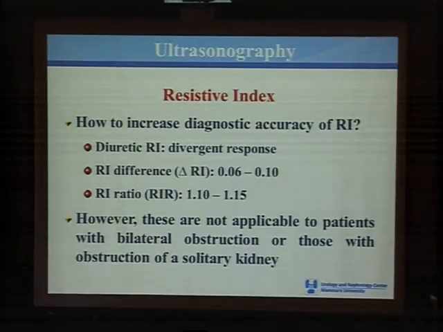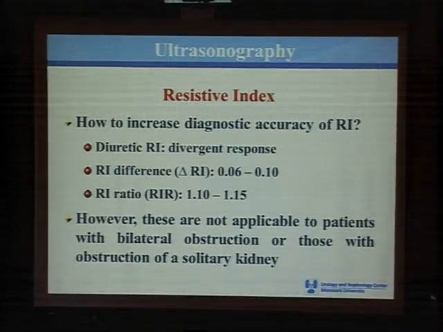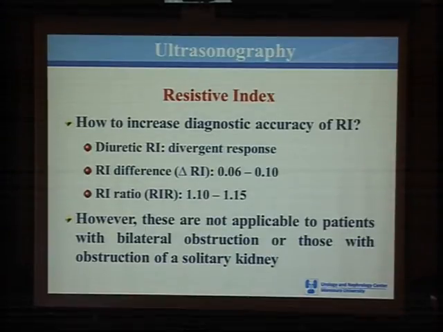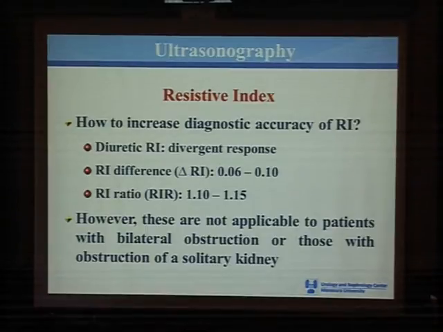So an approach to increase the value of renal resistive index is to inject a diuretic. It will cause the renal resistive index of the normal kidney to decrease and the renal resistive index of the obstructed kidney to increase. This is a divergent response. This will facilitate the diagnosis.